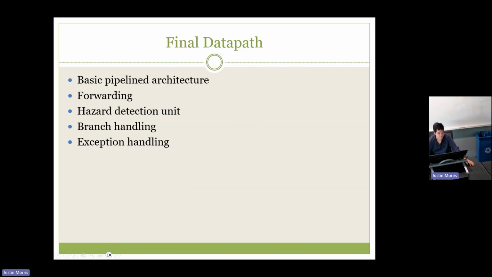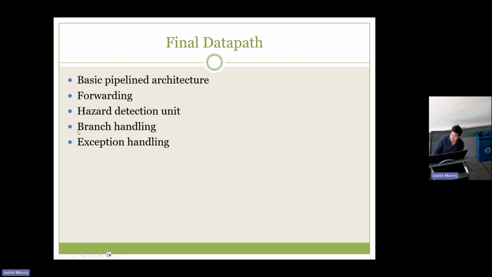All right, so we're going to take a look at the final data path. We had started with single cycle. We built each stage one by one. Then we graduated to the pipeline architecture, where we split up the single cycle data path into these 5 distinct stages. And we added forwarding, added hazard detection in order to stall if we needed to stall.